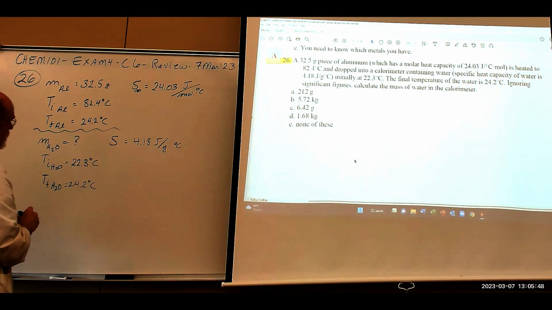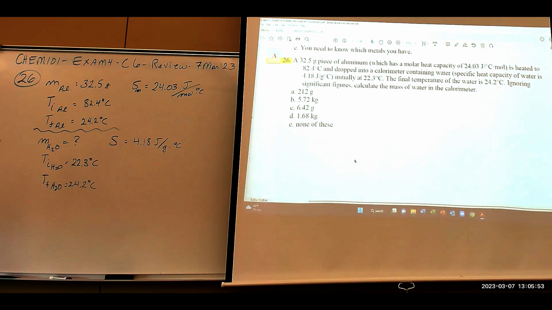There we go. So I think that's everything we know. And we're ignoring the heat capacity of the calorimeter. They don't say that, but you have to, because it's not given.